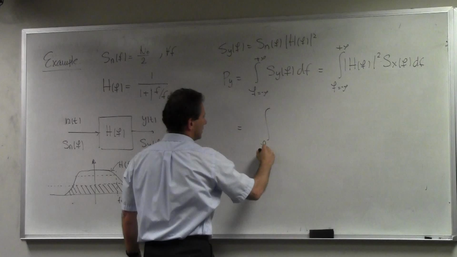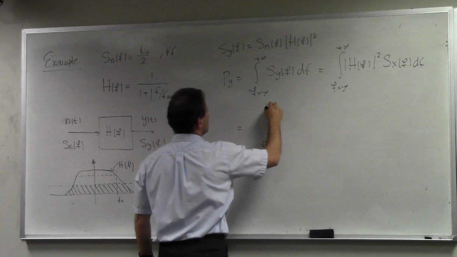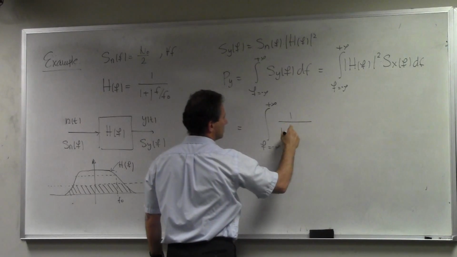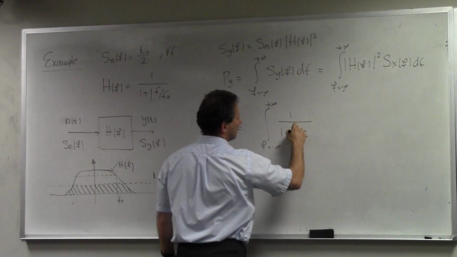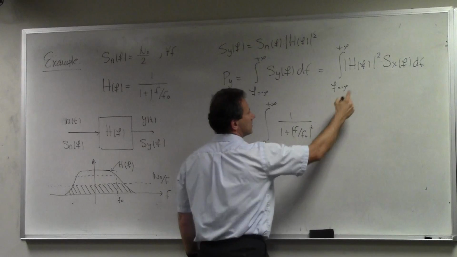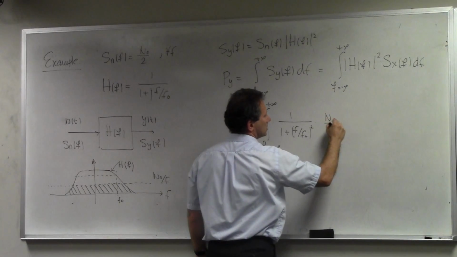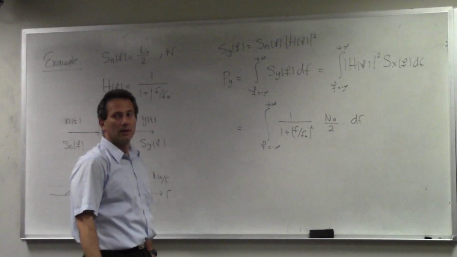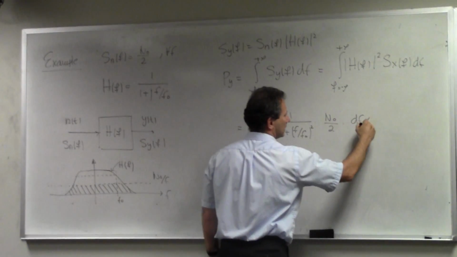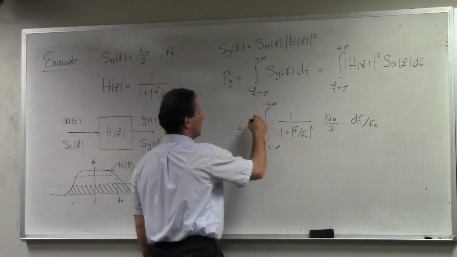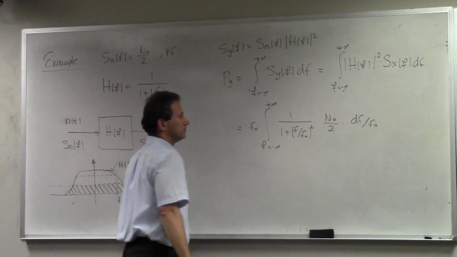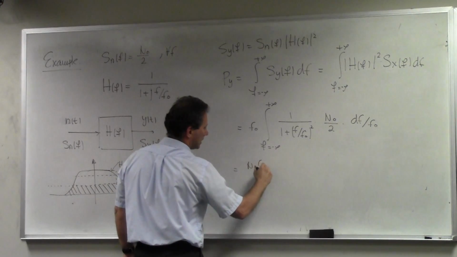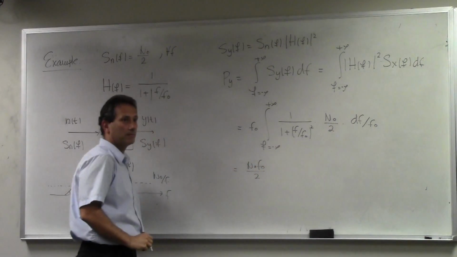The magnitude squared of your frequency response in this case is this. And then your power spectral density of the input is N0 over 2, and then you have df here. And then what I'm going to do is divide here by f0 and multiply by f0. So this becomes N0 times f0 over 2.